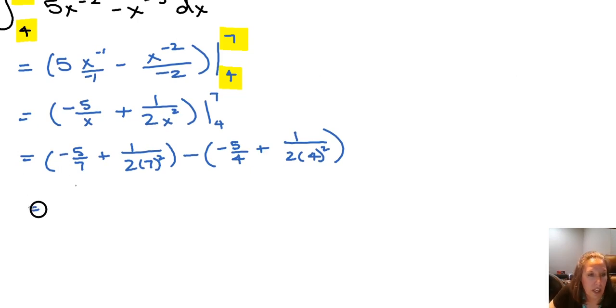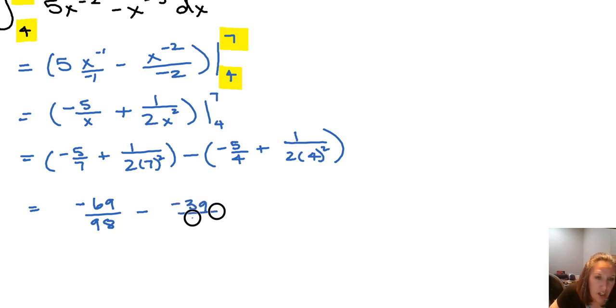All right, combining like terms in the first set of parentheses, when we add that, we get negative 69 over 98. Our common denominator there is 98. We've got 2 times the 49. And then doing the same thing, our common denominator is going to be 32, and we get a negative 39 over 32.